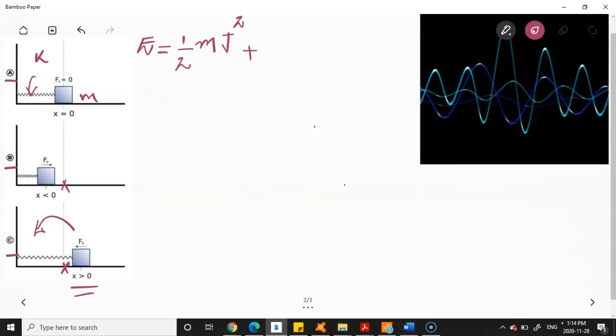From Hooke's law, you can derive the potential energy due to the contraction of the spring as 1/2 times the rigidity of the spring K times x squared. Sometimes it's written as delta x, which refers to the distance from the equilibrium point, called the displacement. That defines the total energy from the classical perspective.